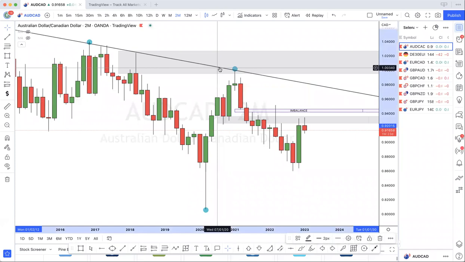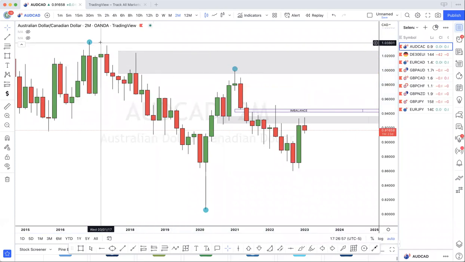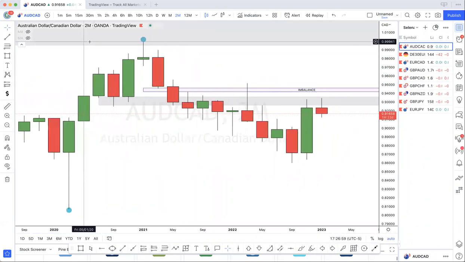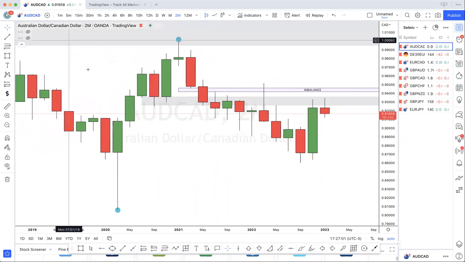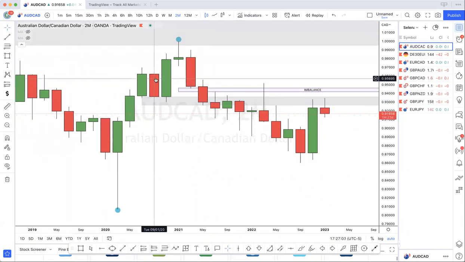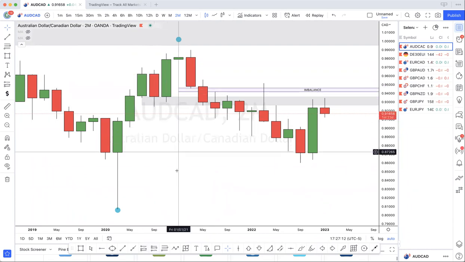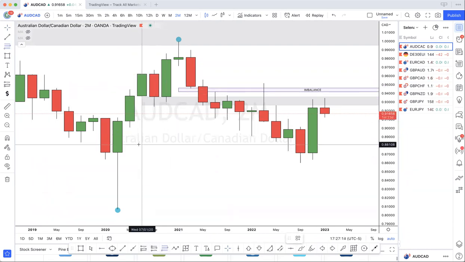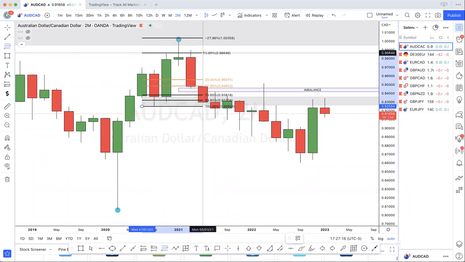Like if I did not have this line right here, and I just had this right here, and you see price is buying up, right? And you get an order block, you're like, oh, I got a whole 2-month order block. Let me fib here.